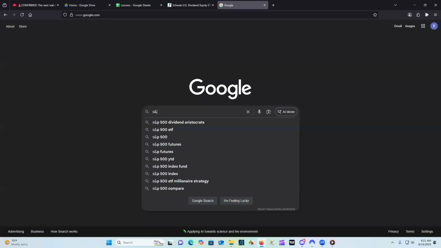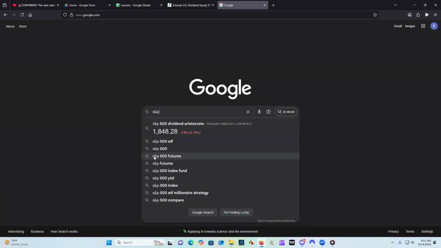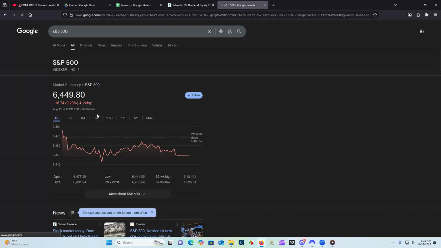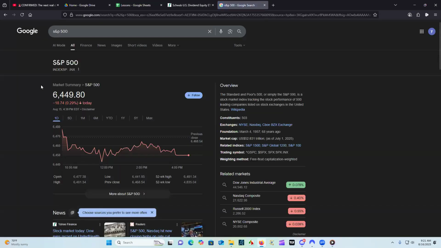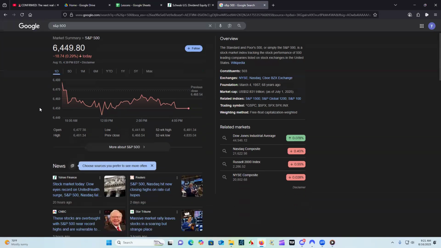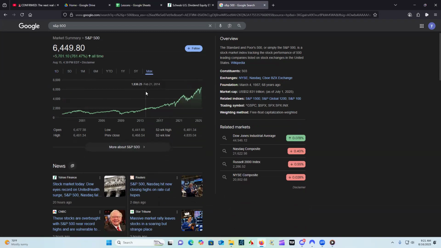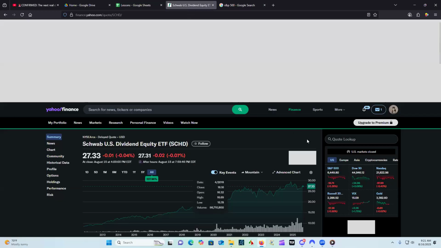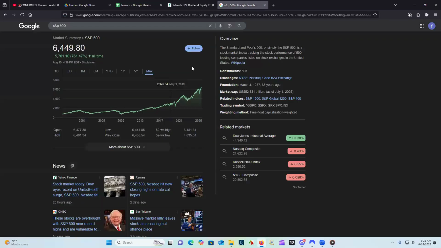So let's just search S&P 500. It's an index, like I said. Let's go to max here. You can't invest in the S&P 500. It's just an index showing how those 500 stocks combined together are doing.